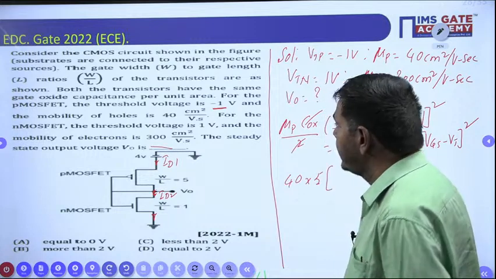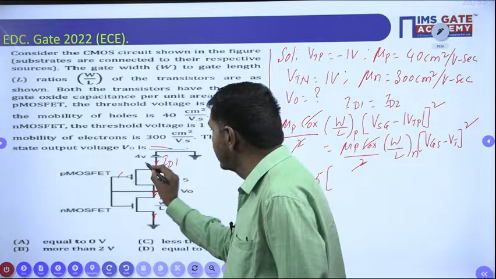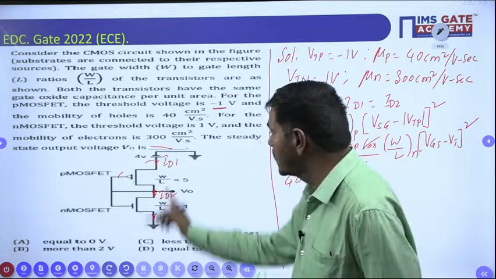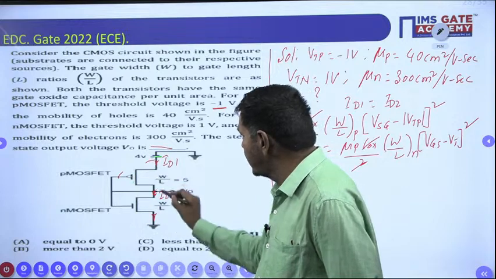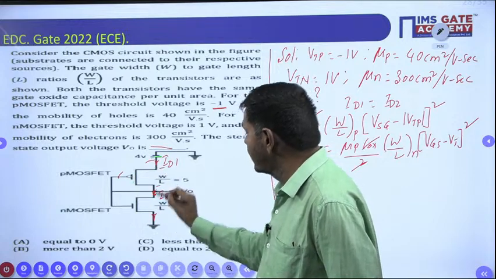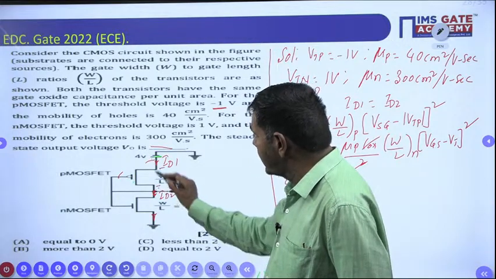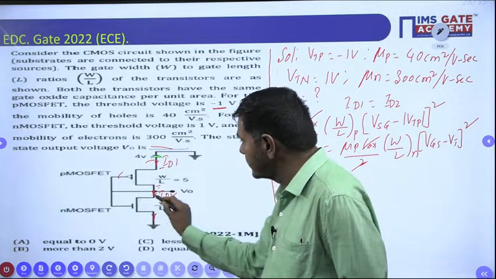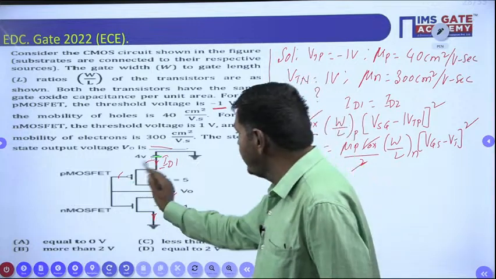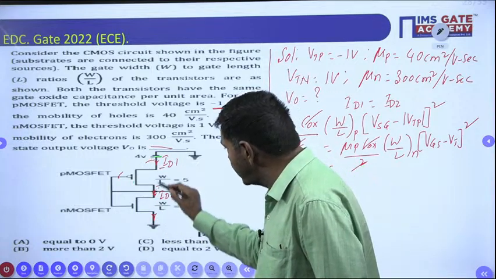VSG means source to gate voltage. If it is in saturation, source to drain and source to gate will be the same because it is shorted. That's why VSG equal to VSD also.